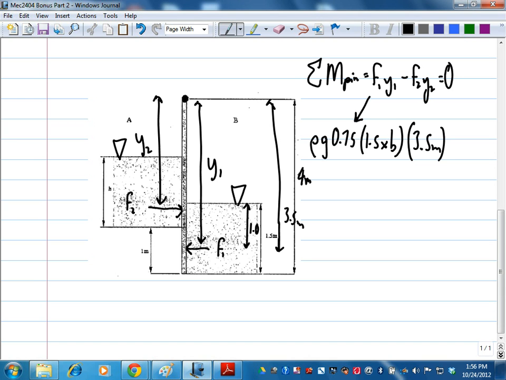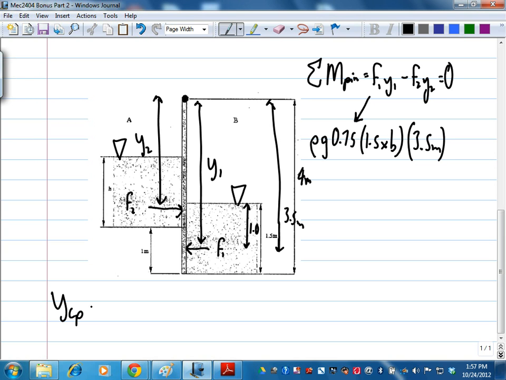And the lever arm in this case, because we are starting from the top, you can do the YCP. That's the center of pressure, not the center.